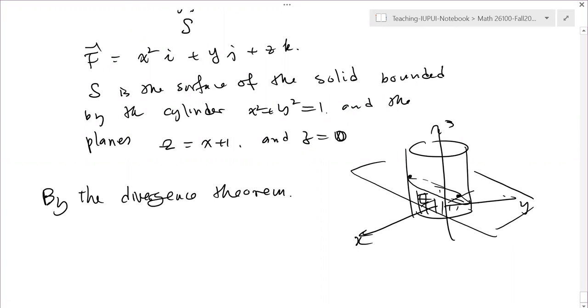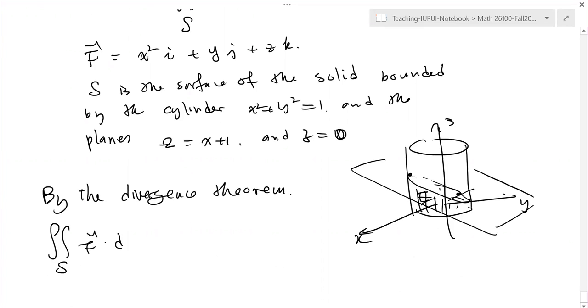By the divergence theorem, remember, this surface integral will be the triple integral of the divergence of F dV. Using that, you can quickly evaluate this integral.